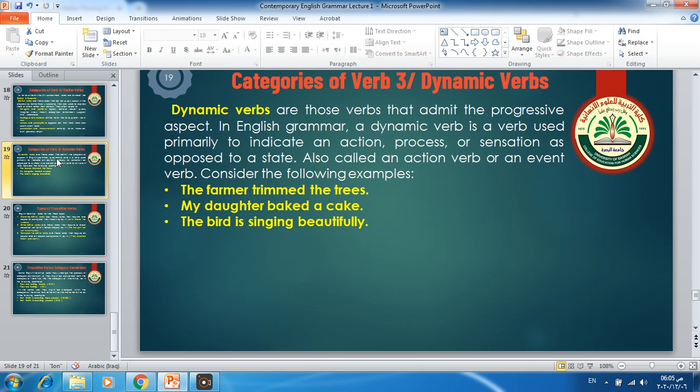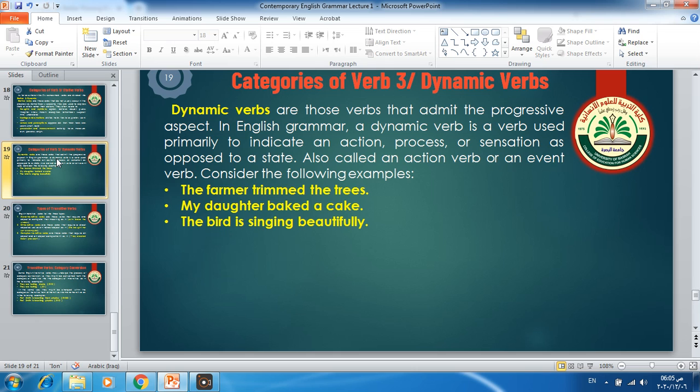We can use them in the present continuous, in the past continuous, okay, in the present perfect continuous tense, and the other tenses that refer to activities, actions, and processes.